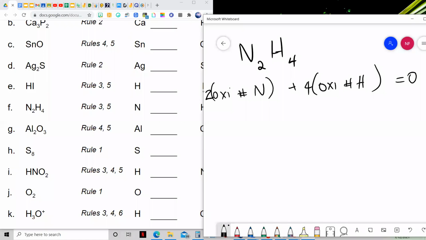All right, now our question mark here is nitrogen. We know hydrogen. So it is now 2. May I call this X for simplicity? Yes, miss. All right. So what we have here now is 2x plus 4 times 1.